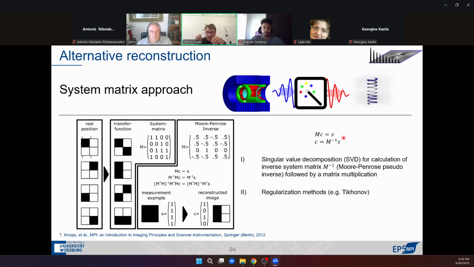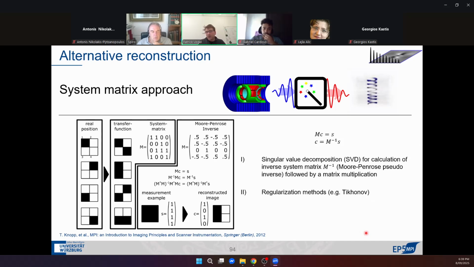So just performing the system matrix measurements, and then you can use different mathematically sophisticated algorithms to solve this. Here, for example, the Tikhonov algorithm for the iterative regularization, and then you can end up with the image as well.